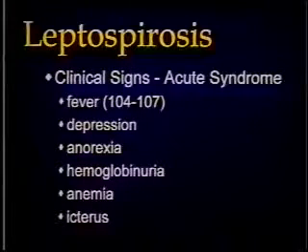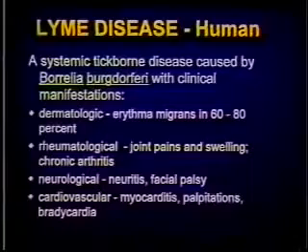So we've listed on this slide some of the clinical signs in the acute syndrome in humans of fever, depression, and also hemoglobinuria, because again this results in a renal infection, and again icterus may be formed.